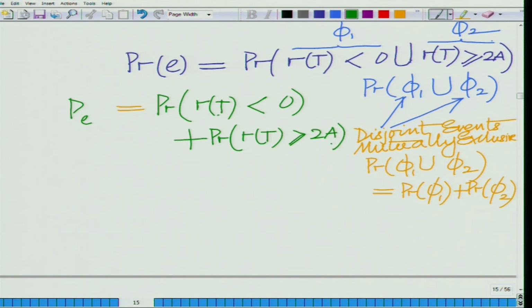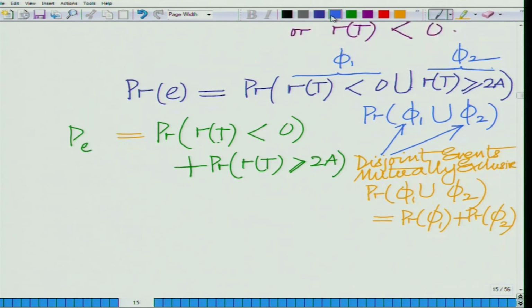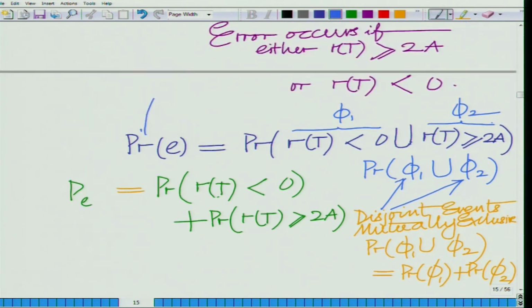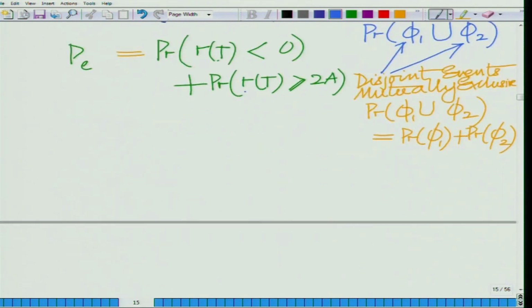So, this is the net probability of error. This is the expression for the probability of error.